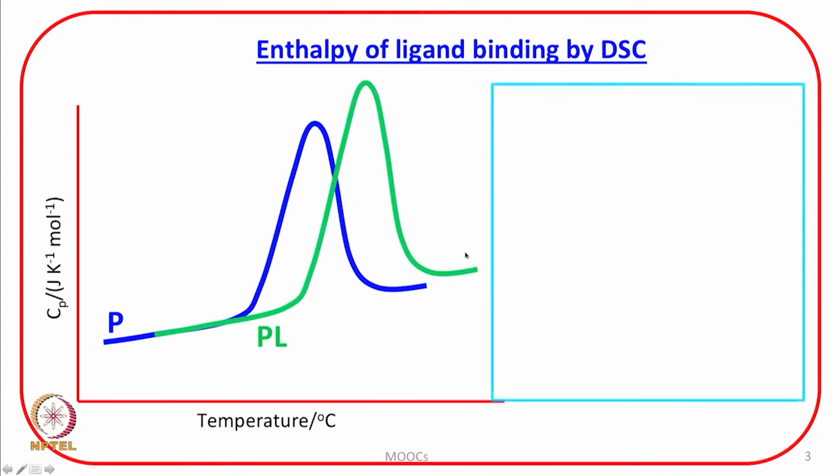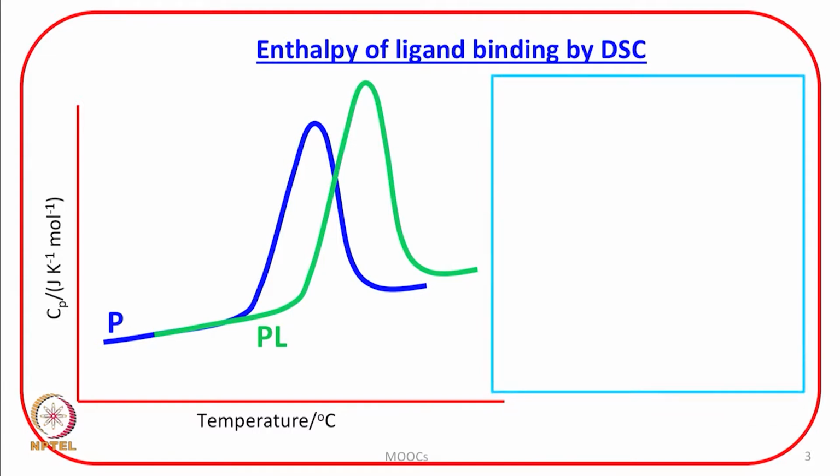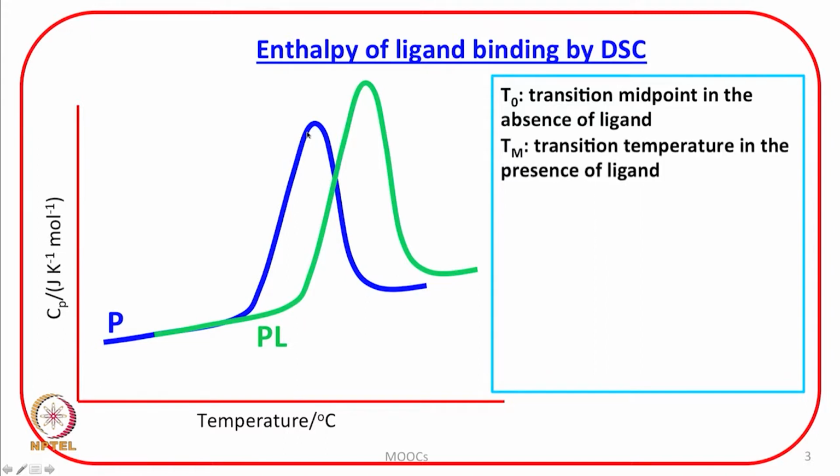Now, let me define some thermodynamic parameters associated with these transitions. Let us call T0 as the transition midpoint in the absence of ligand, that is for the blue line. Tm, the transition temperature in the presence of ligand, that means it is for the green line.